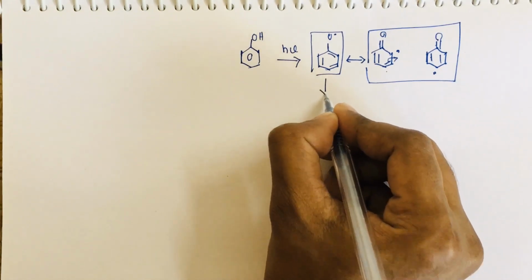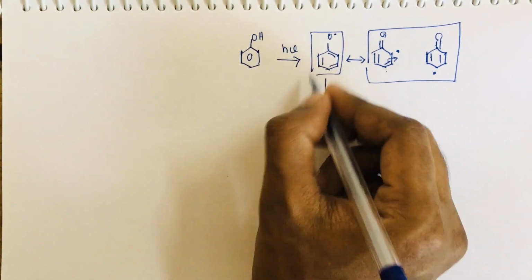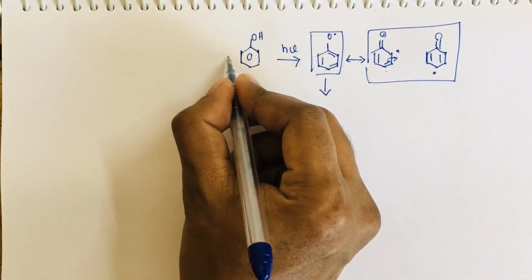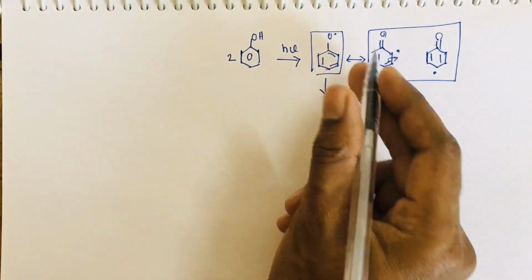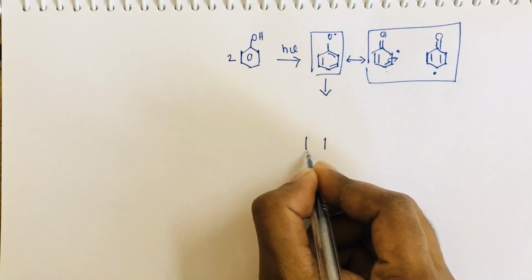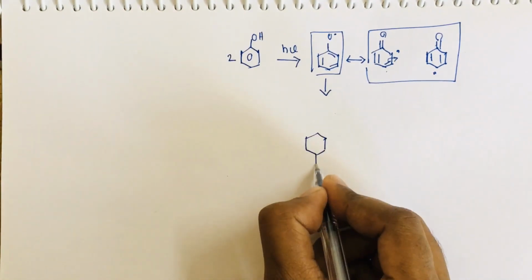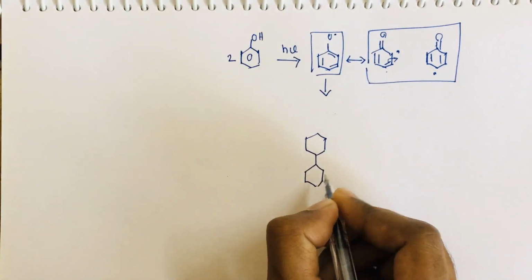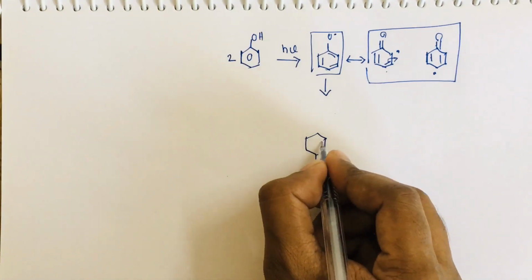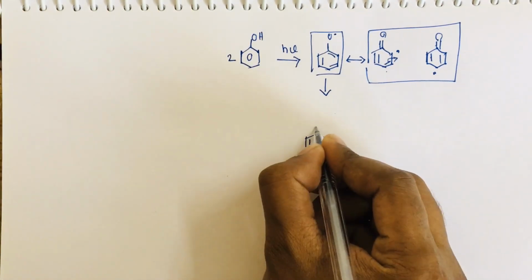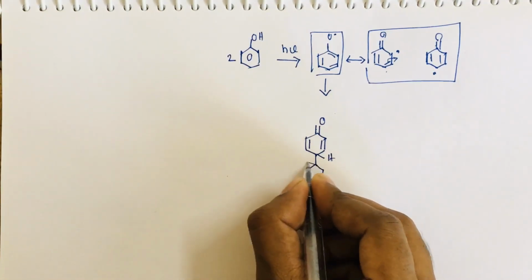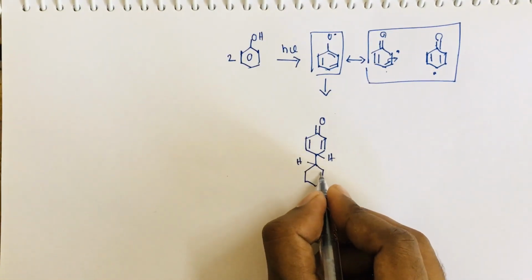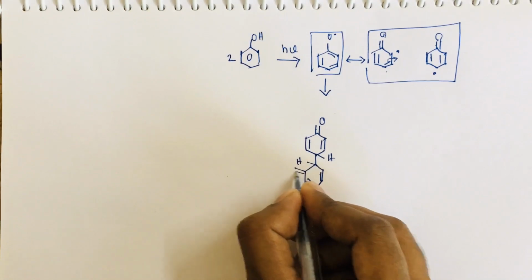When the reaction takes place from this stage, we are taking 2 molecules of phenol. The product we will get here is a biphenolic system which is having this kind of compound. Here hydrogen, and here one more hydrogen, like this.